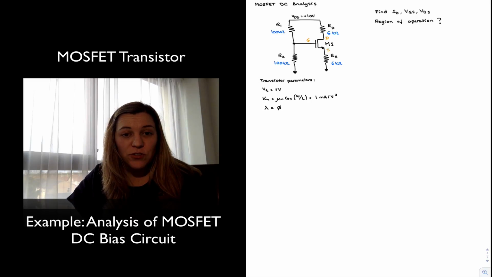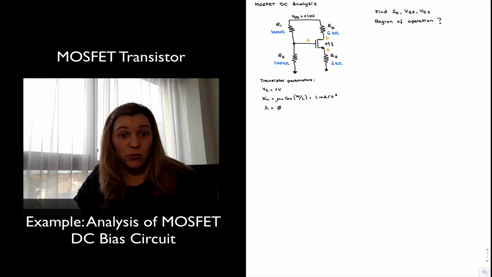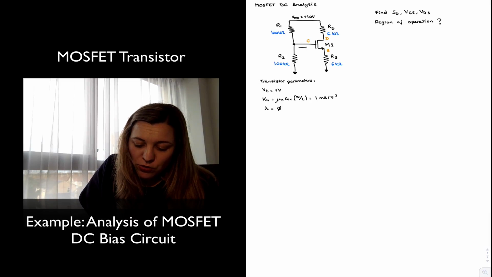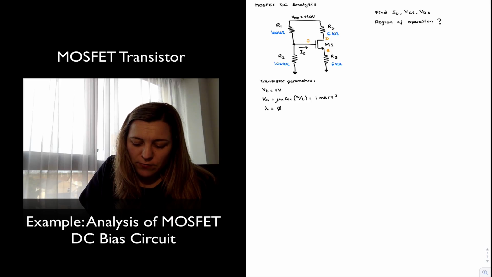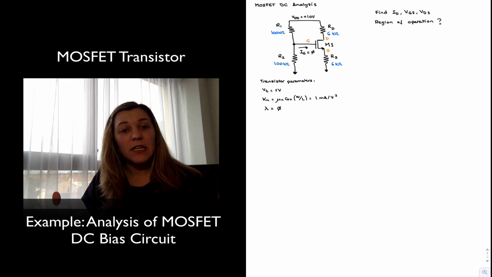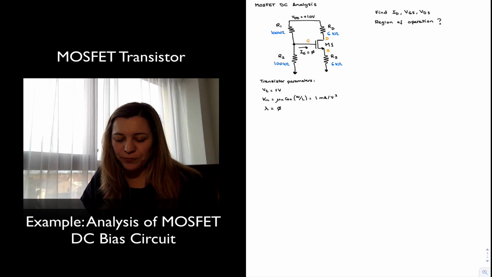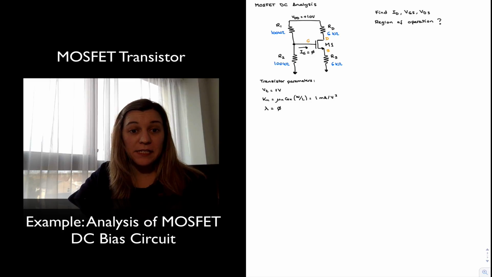For MOSFET transistors, because we have in essence a capacitor at the gate, it's always true that the gate current is equal to 0. In this case I'm dealing with DC quantities, so I'll express it as my DC gate current is equal to 0. That makes the analysis easier because now I know I have a perfect voltage divider between R1 and R2.